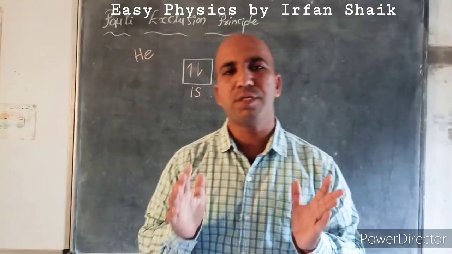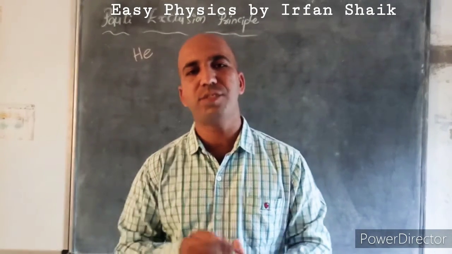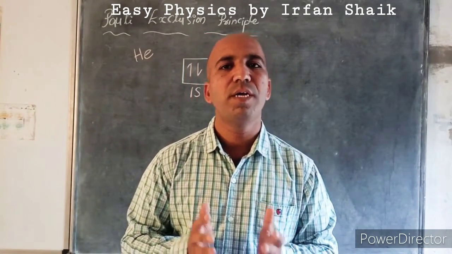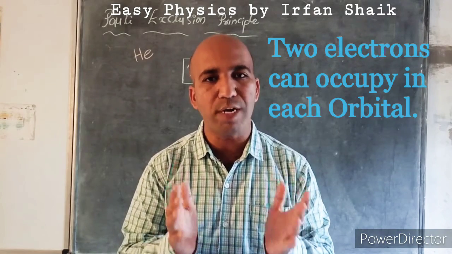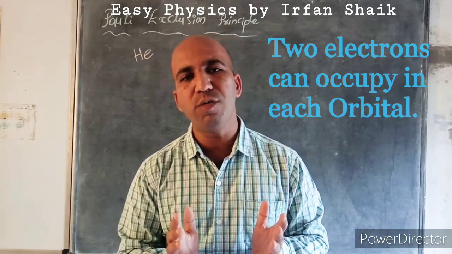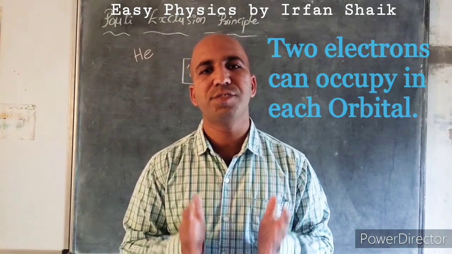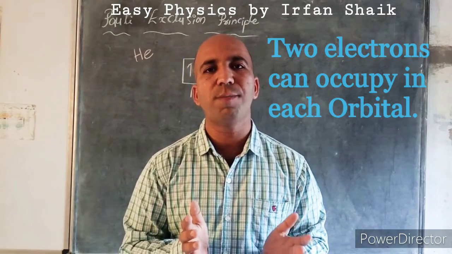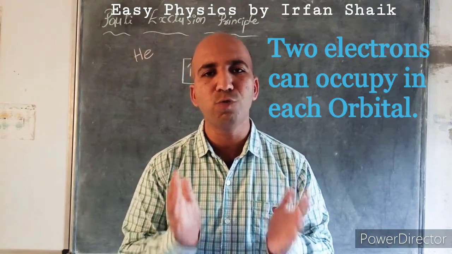So each suborbital, or each degenerate orbital, can have place for 2 electrons. By this Pauli's principle, we can say that each degenerate orbital can hold 2 electrons.